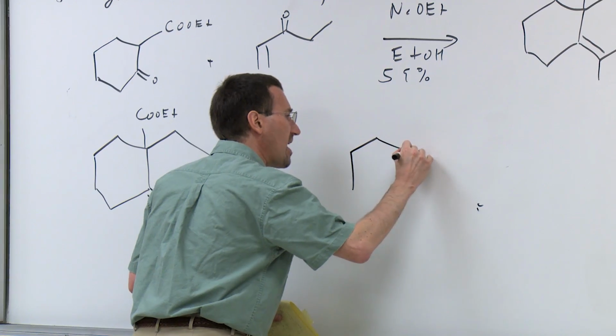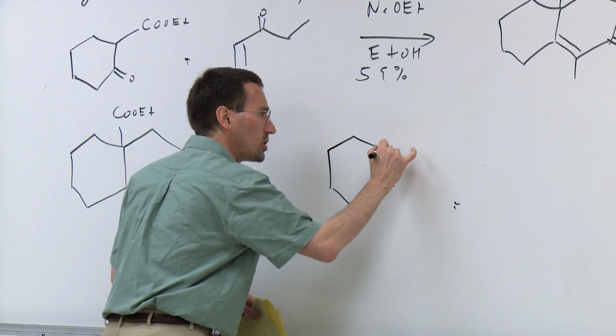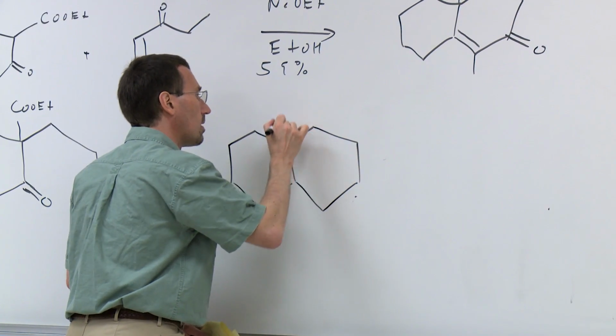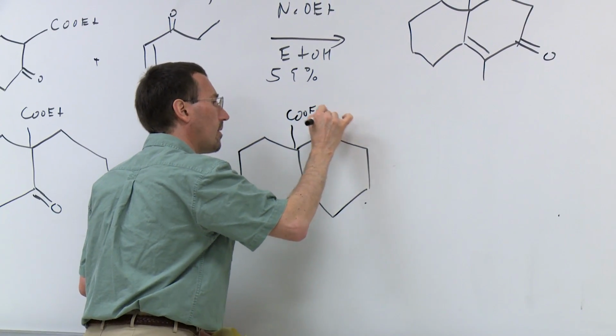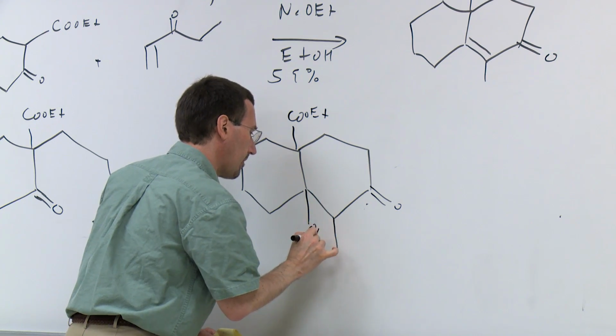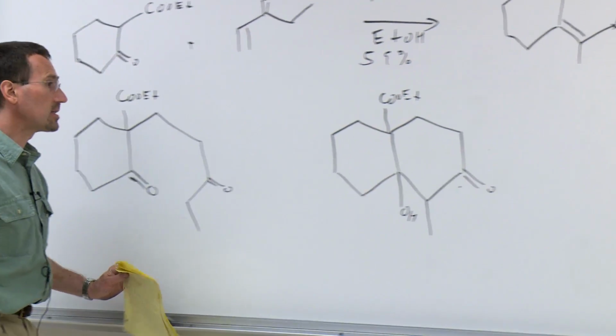And so after the aldol reaction, you get a six-membered ring, like so.